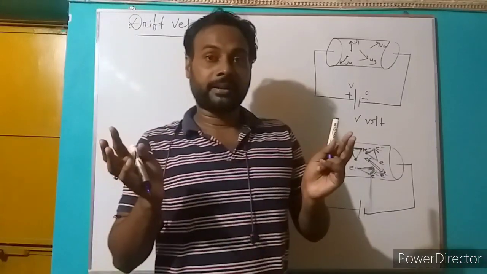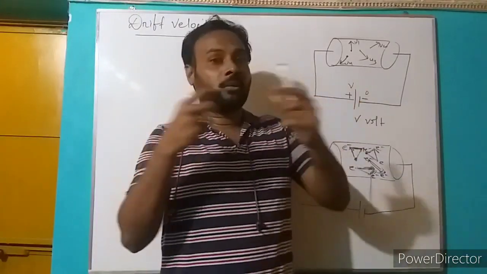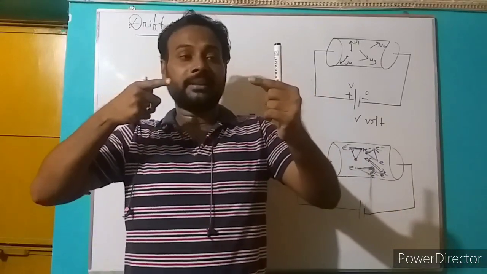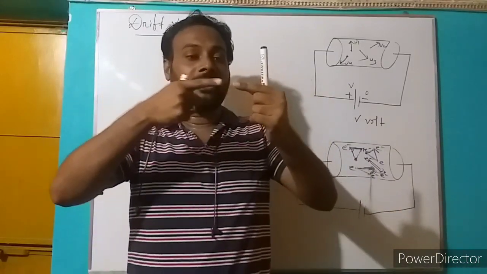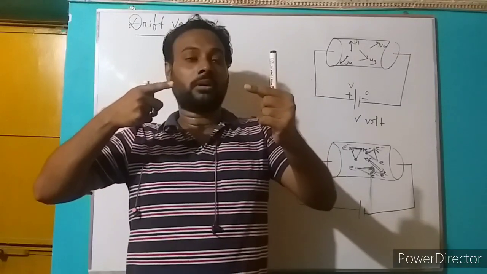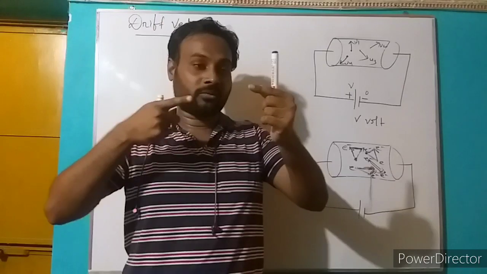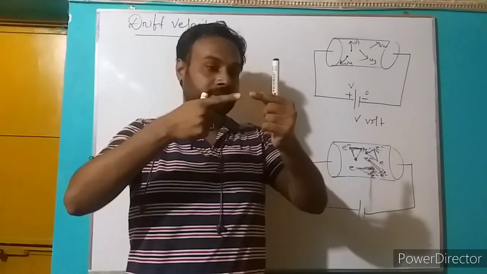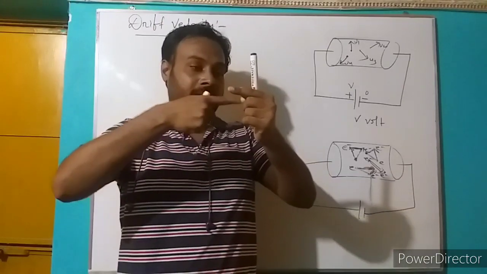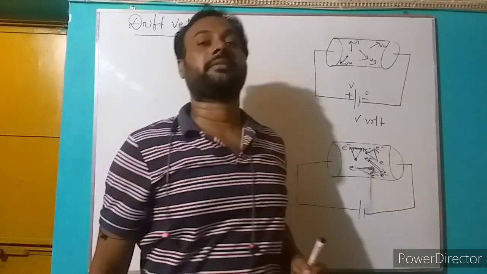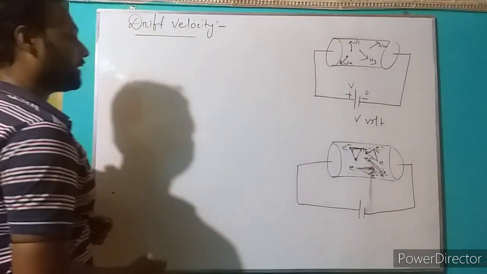Before connecting the battery they move randomly and collide with one another. After applying the battery, that electron collides with another electron in that direction. That means the electron drifts with a certain velocity, which gradually decreases, and they move toward the positive terminal of the battery. Clear?